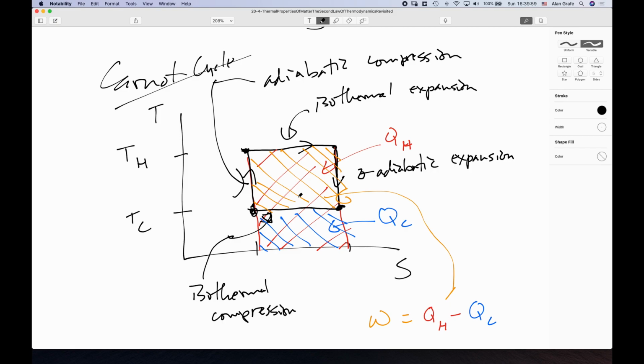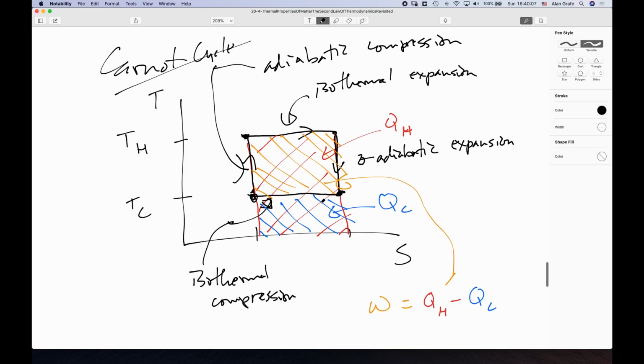So this is the ideal. This is as good as it gets for an engine, and since every one of these legs is being drawn solid, this is a reversible engine. So that gets you your delta S equals 0.